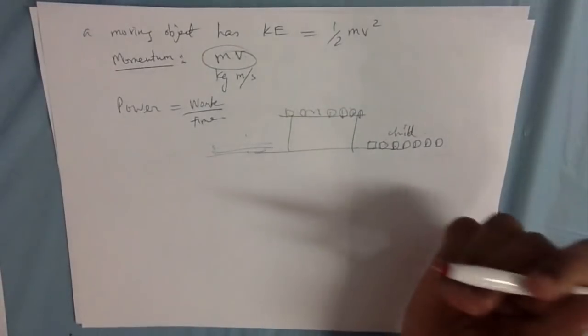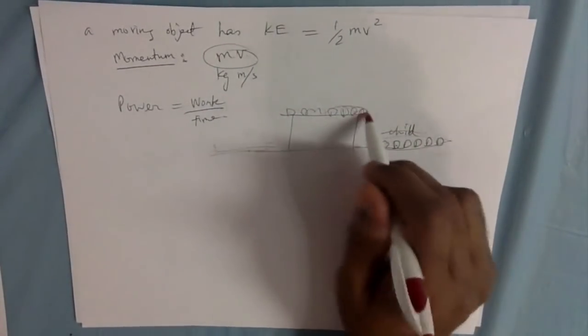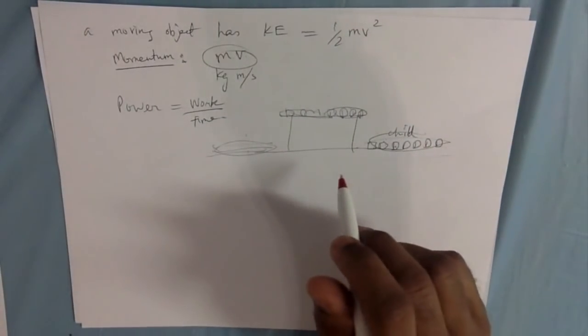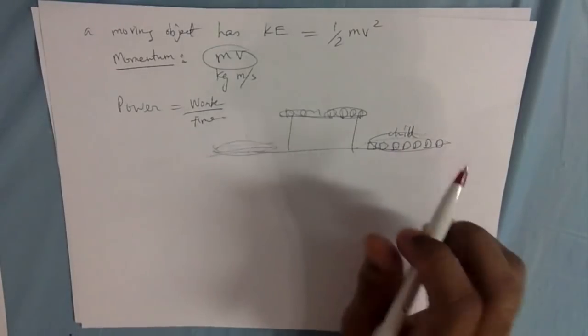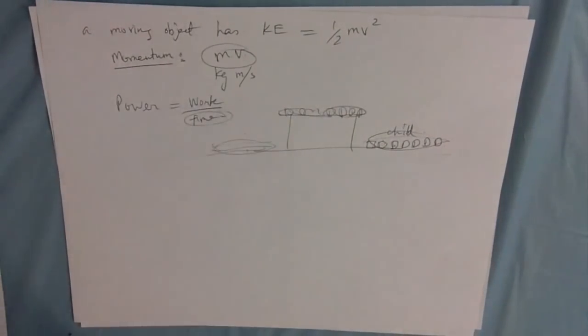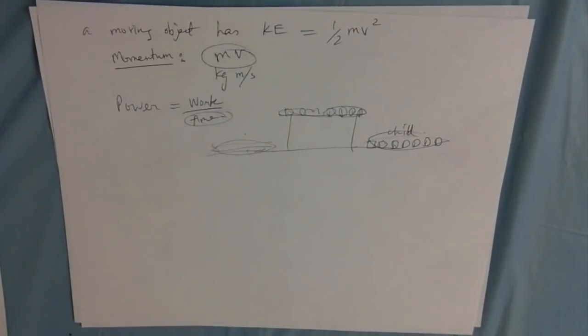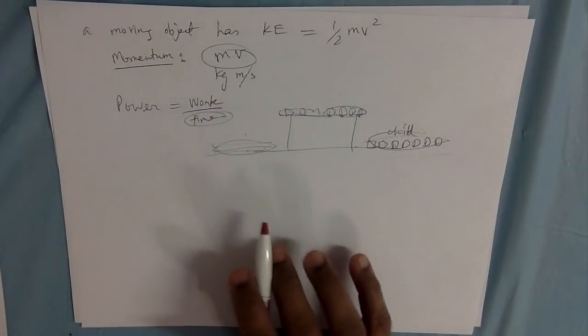In fact, both of them did the same work, because the bricks moved from here to here. So they both did pretty much the same work. Now, who is more powerful? The one who did it in the least time is more powerful. So power is regarded as how much work is completed in how much time. All right. So that is the power concept.